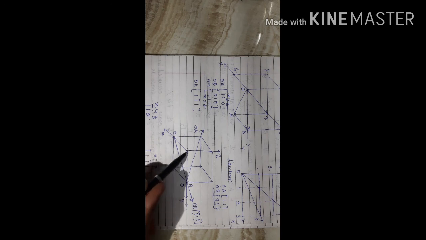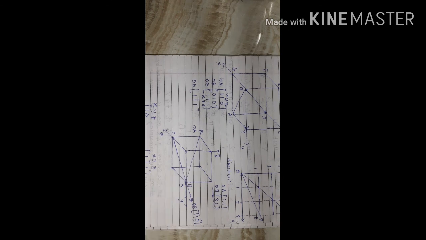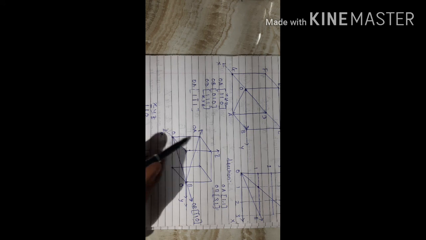And along the z-axis, this is the z-axis, meaning this height is also parallel, this and this are the same. So this is the origin, this is in the negative y-axis, this is the positive x-axis and this is the z-axis.